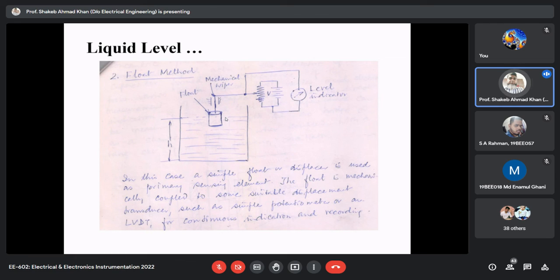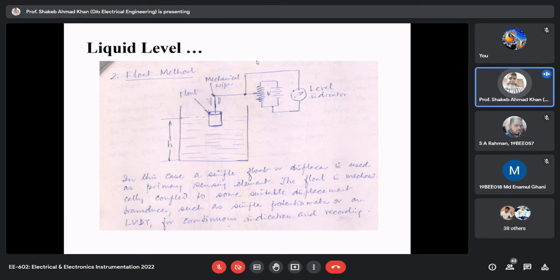Suppose you have calibrated this output in terms of the liquid level for water. If you are measuring some other liquid like alcohol, your output will have an offset error, because your float will get submerged either more than water or less than water. In both cases there will be some offset.